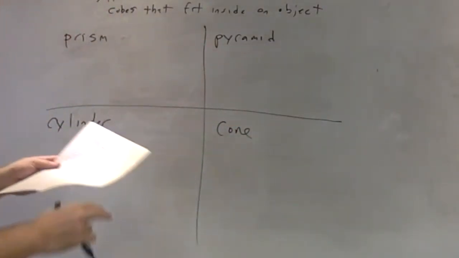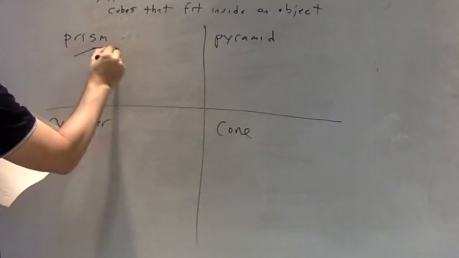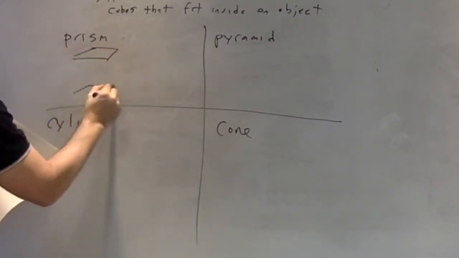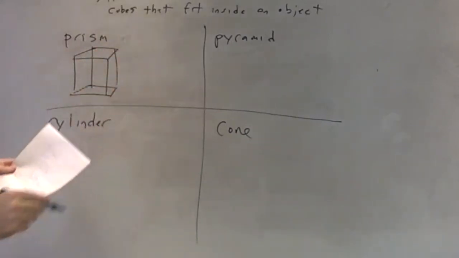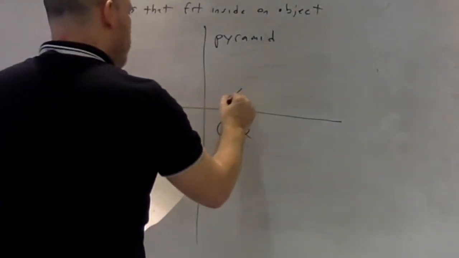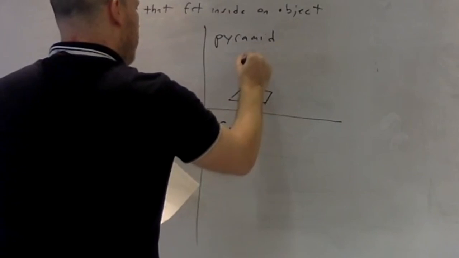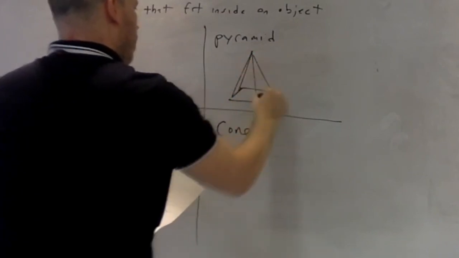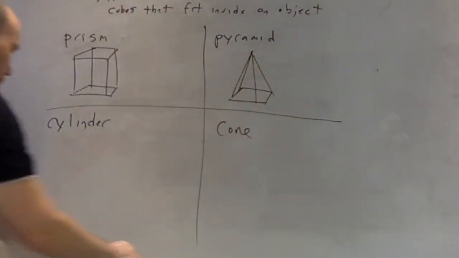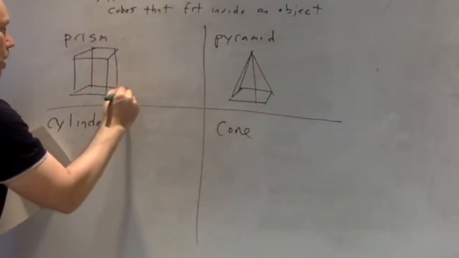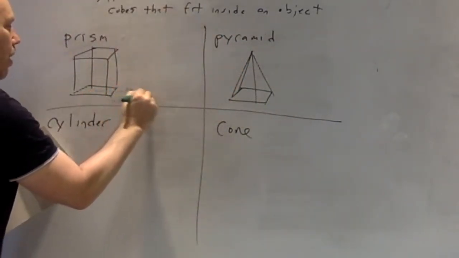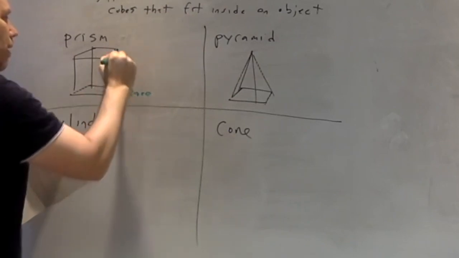I want you to think of a prism versus a pyramid with the square base. And so with the pyramid, let's think about this. We have our base, and we have our height.